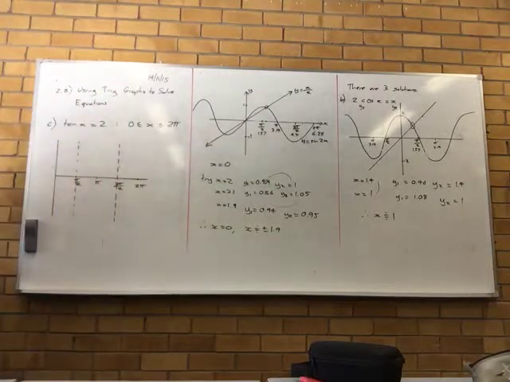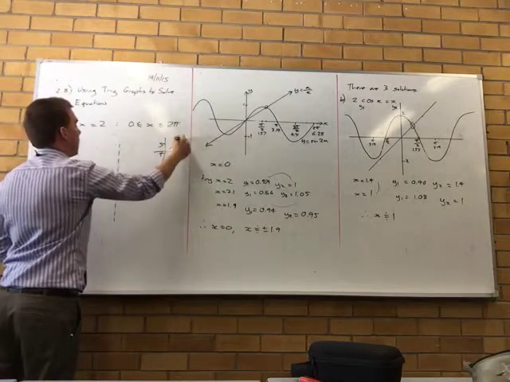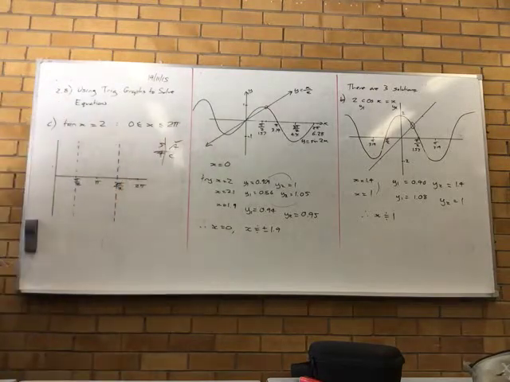Right, so which quadrant is tan positive? First and third. That means in the second and fourth, tan is negative.